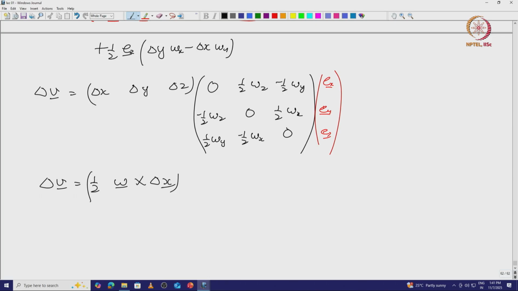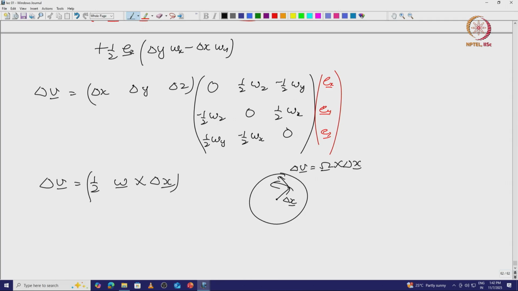Note that if you have a solid body rotation, if you have an object that is rotating as a solid body with some angular velocity omega about the origin, and delta x is the distance from the origin, the linear velocity at this point, delta V, is going to be equal to omega cross delta x.